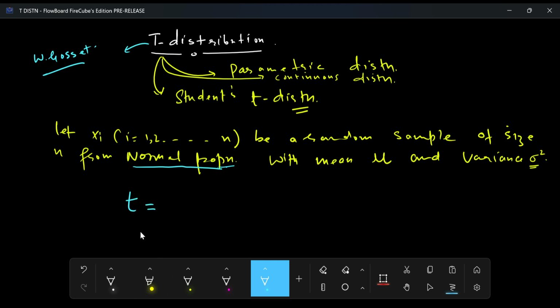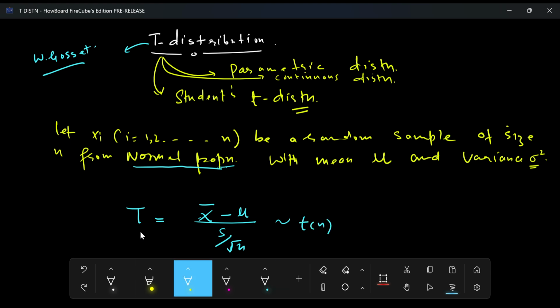It is something like this. T, let's write it in capital letters, is equal to x bar minus mu divided by s upon under root n. This will follow T with n degrees of freedom.